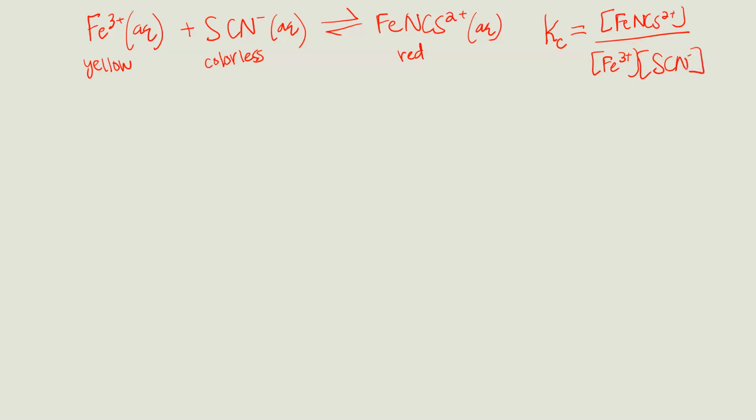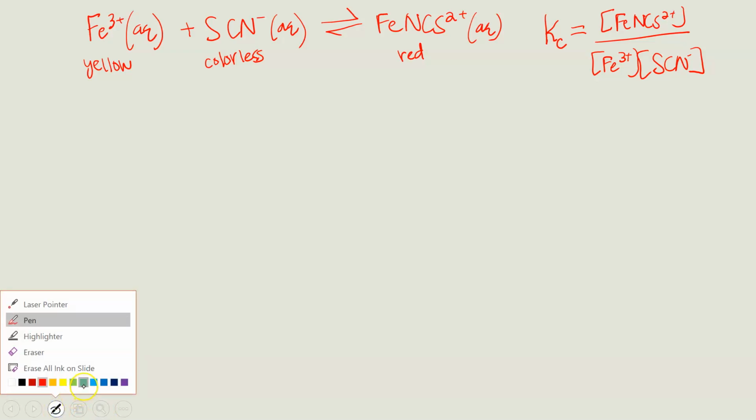All of them have a coefficient of 1 in front of them, so they're all raised to the first power. All three of them are aqueous, so they're all part of the expression. So to solve for Kc, we're going to need to know the equilibrium concentrations of all three chemicals. Again, we're going to be using spectrophotometric analysis, that's the procedure that we're following for this.